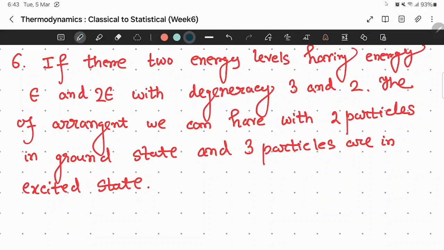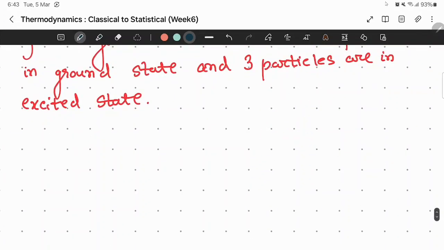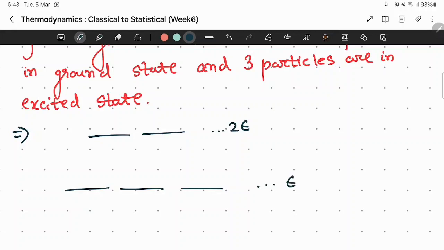So two energy levels are there, epsilon and 2 epsilon, with degeneracy 3 and 2. This means the energy levels look like this: this is 2 epsilon, this is epsilon. So with epsilon there are three energy states. Energy level is one, but there are three energy states. So this is the difference between levels and states.